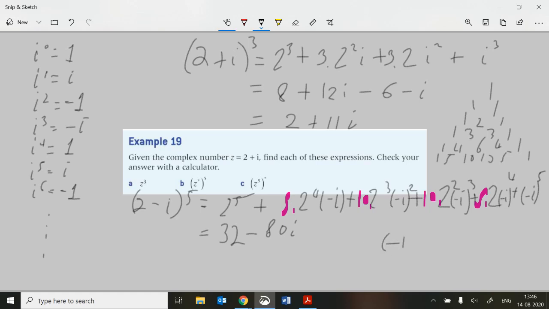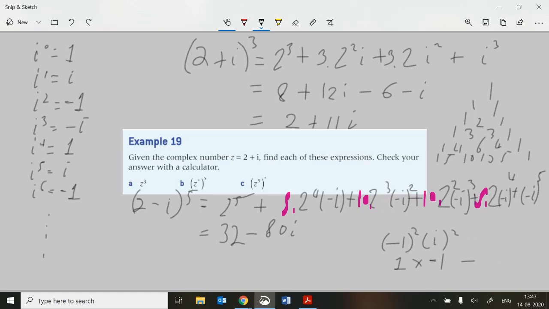I'm going to say we've got minus 1 squared and i squared. Now i squared is just equal to minus 1, and minus 1 squared is plus 1. So the answer to that is going to be minus 1.